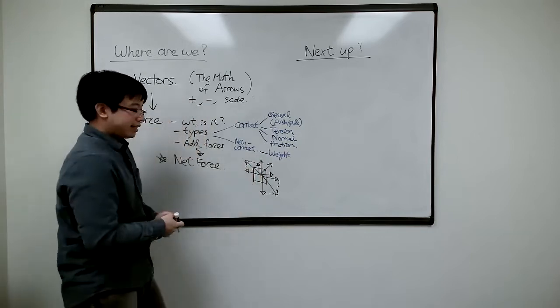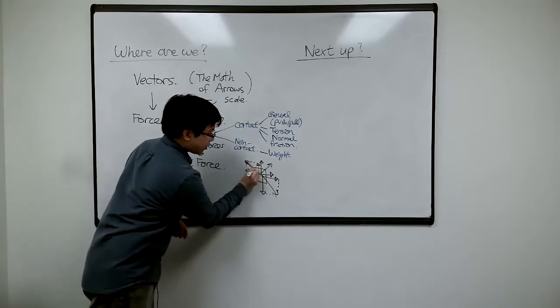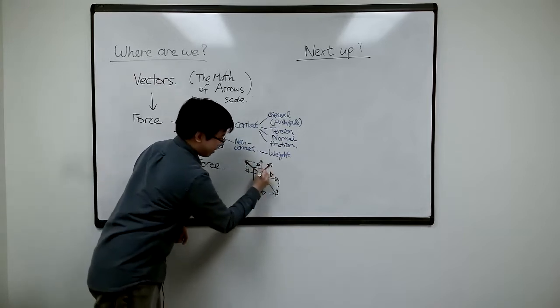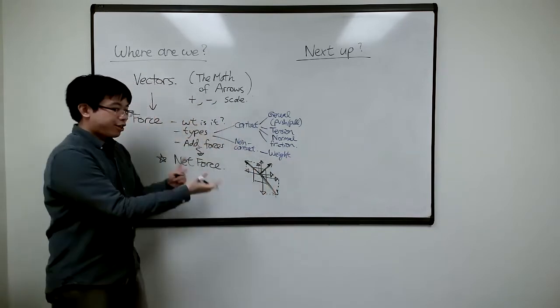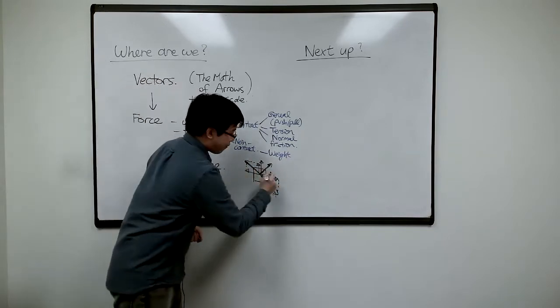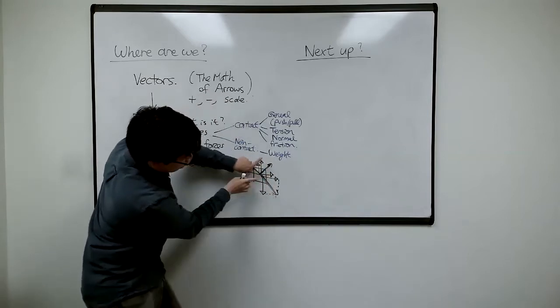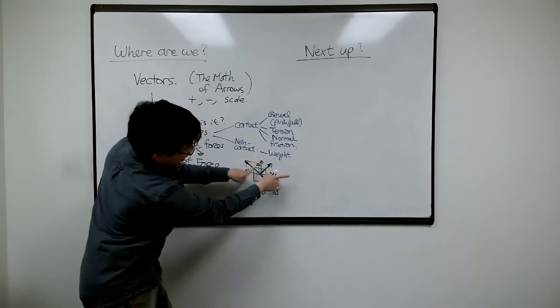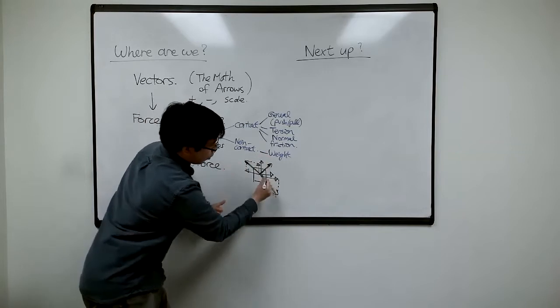And then now you can start to add them vectorially. Sorry, this is getting a bit messy, but with these three original forces, you can add them vectorially and find out what the net force is. Probably, let's see, these two alone just push it that way, but this one also pushes it slightly backwards and upwards.